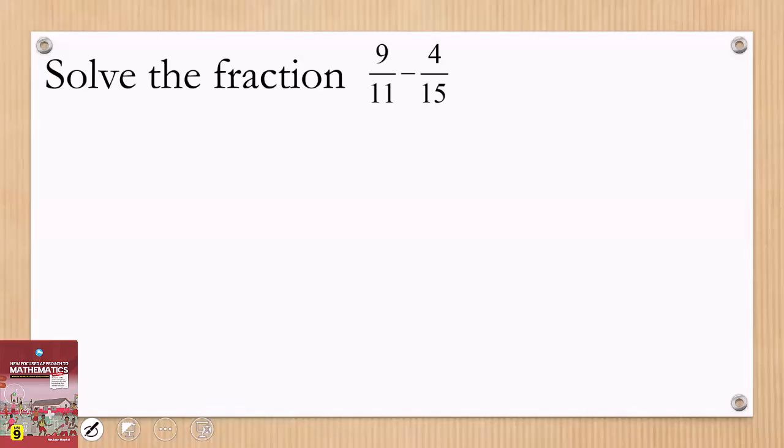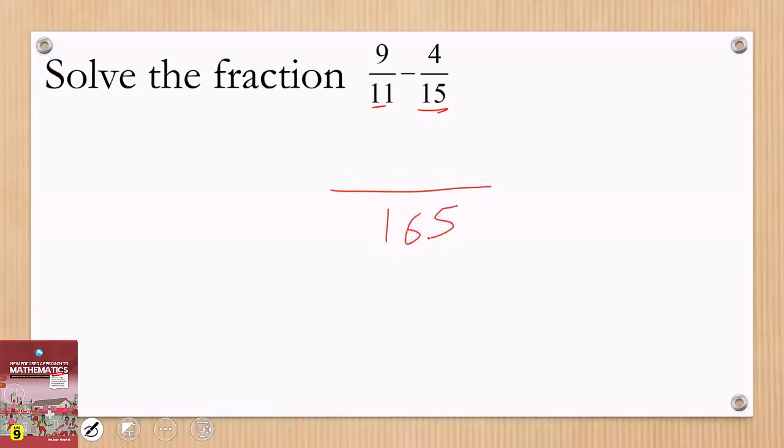The easy way out is to find the LCM when we don't have the same denominators. You find a number that 11 can divide and 15 can divide, and the easy way out is just multiplying 11 times 15, which gives you 165.